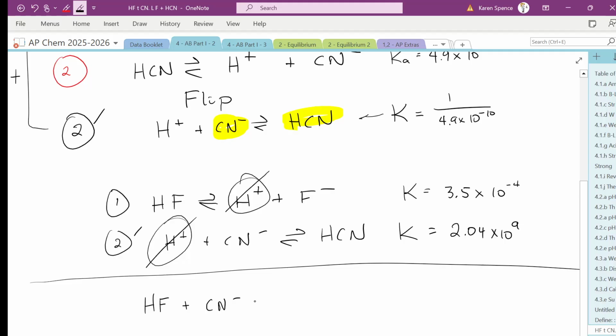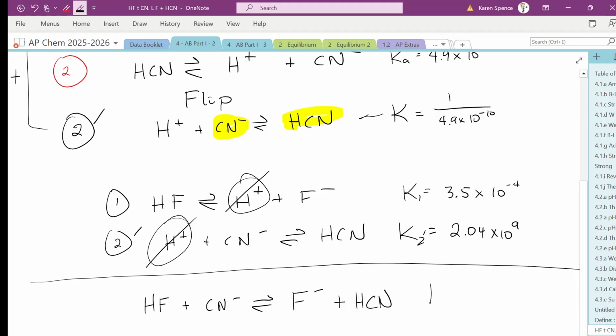It's like when we were doing the KEQ and we combined two reactions. How do we get the K of the overall reaction when we combine two reactions? We multiply. So this is K1 and this is K2 prime.